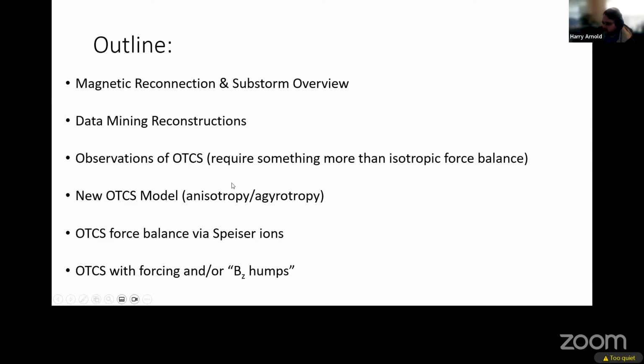Then I'll describe the new model, including the PIC simulation results, talk about how you get force balance with those Speiser ions, and I'll conclude with some new simulations that we've been doing where we've been forcing the thin current sheets with an electric field like the solar wind, and also including some Bz humps to try and make them unstable.